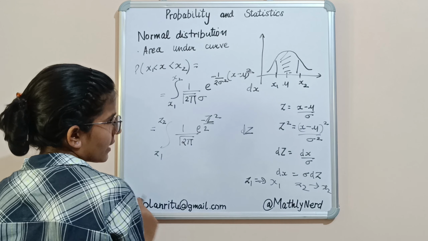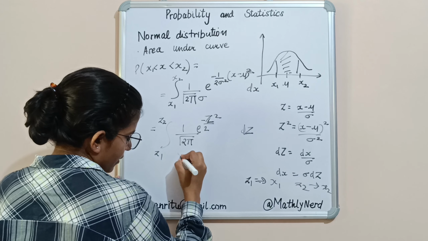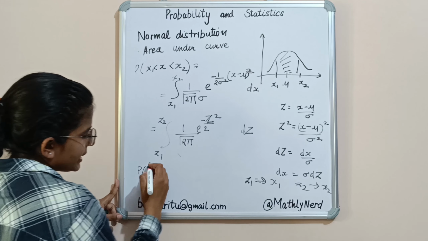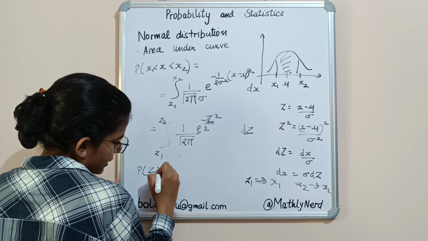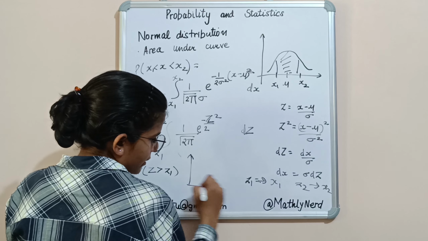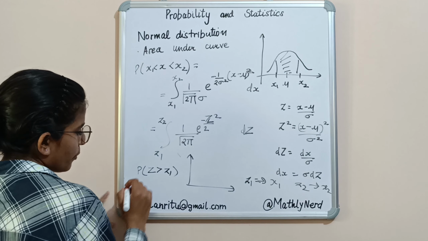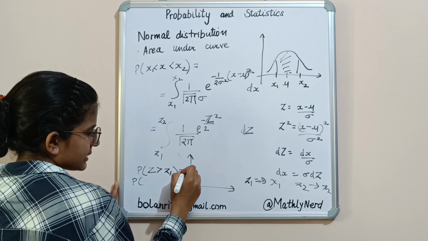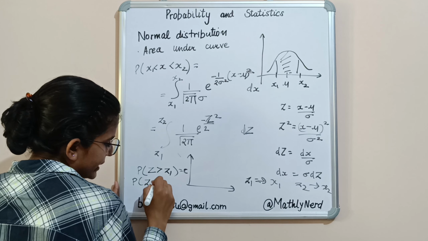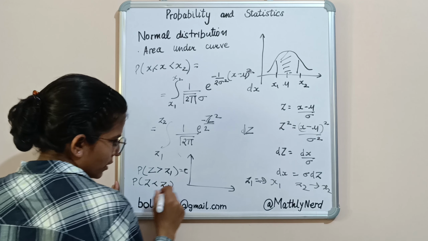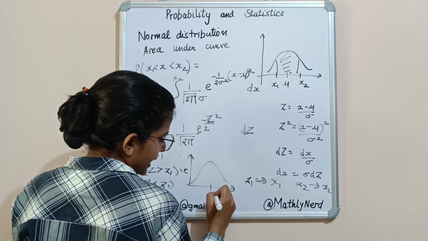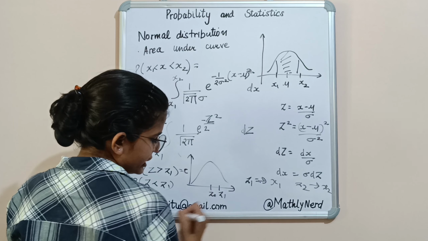Now let's say we have the probability for Z greater than Z1, let's say this is C, and we want to find out the probability of Z less than Z1. This is our mean value Z0, and let's say there is some point Z1.